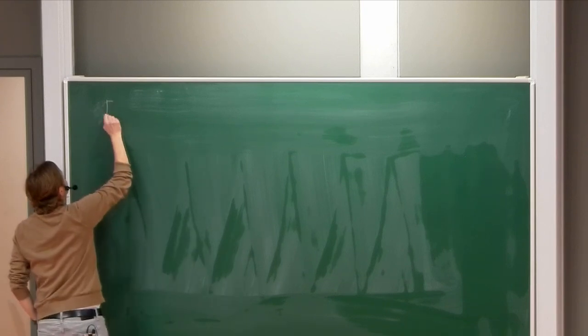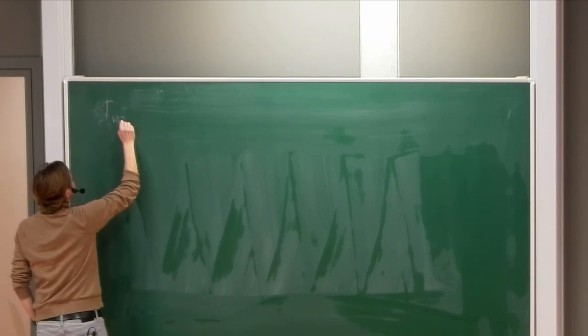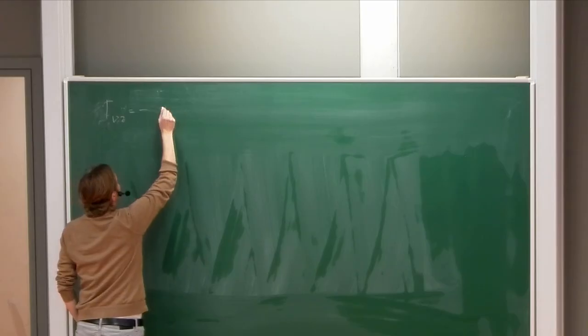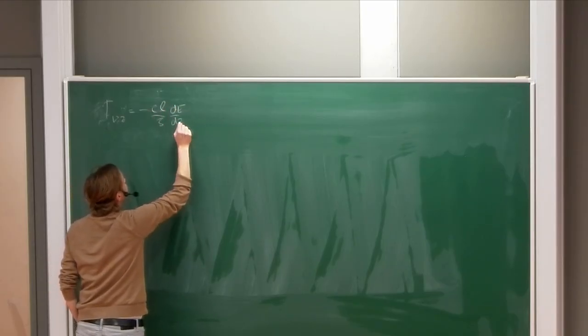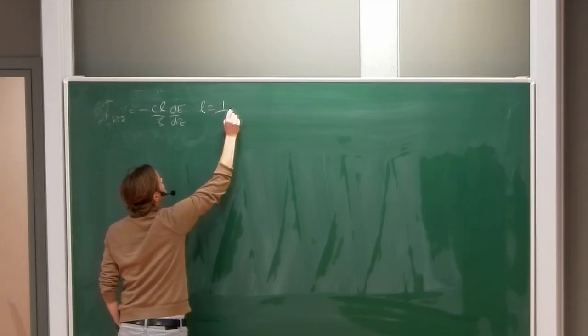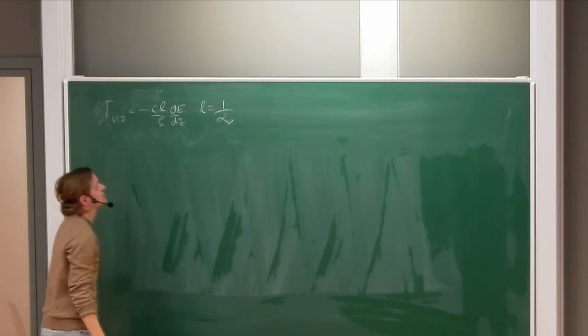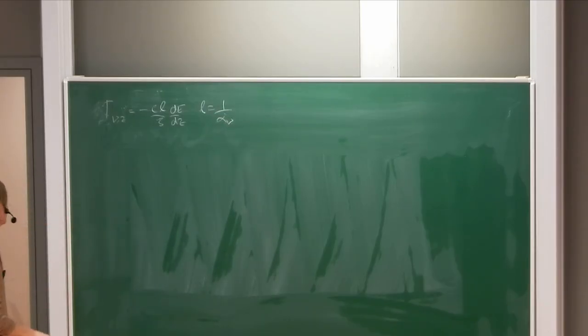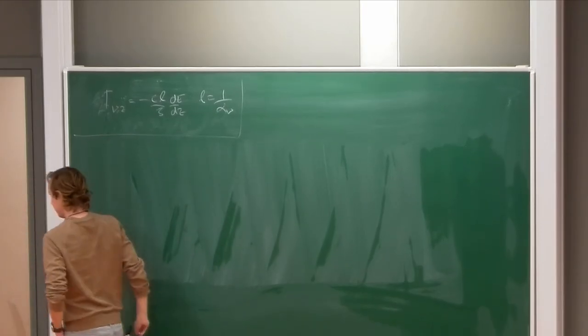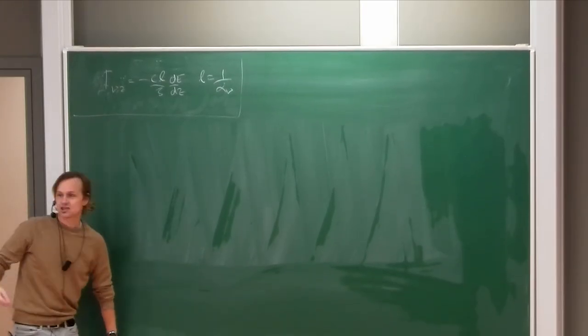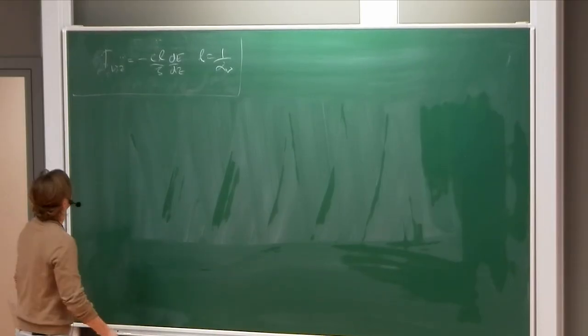Now, we had this one, where I said this was essentially this, and then the energy gradient. And this l, which was 1 over alpha nu, or kappa nu rho, is the mean free path. We're going to go into a little bit what we mean by that now, and how we can connect this to a random walk of photons.